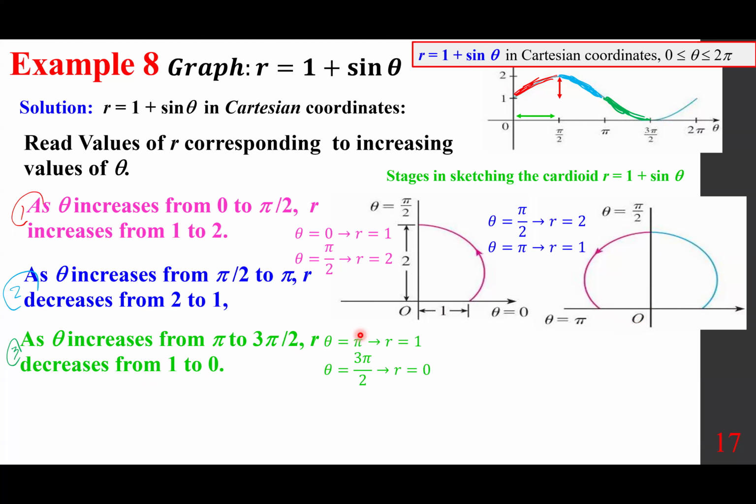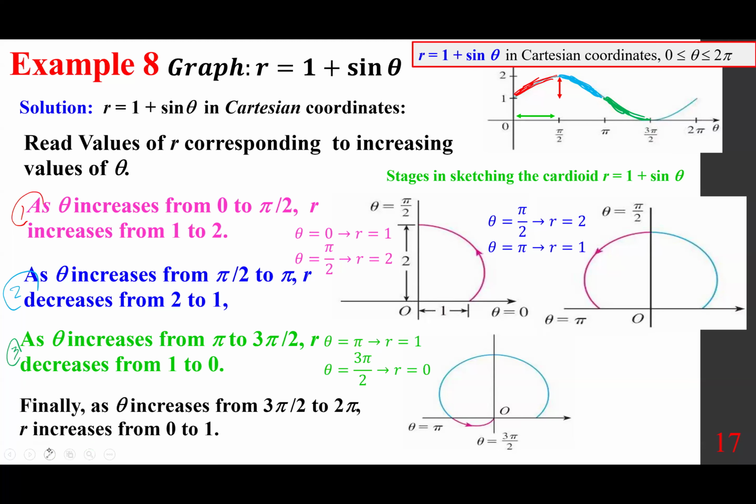So at theta equals pi, r is 1. If you put 3 pi over 2, the sine is negative 1, and 1 minus 1 becomes 0. So this would be the third stage. The final stage, as we go from 3 pi over 2 to 2 pi, r increases from 0 to 1.